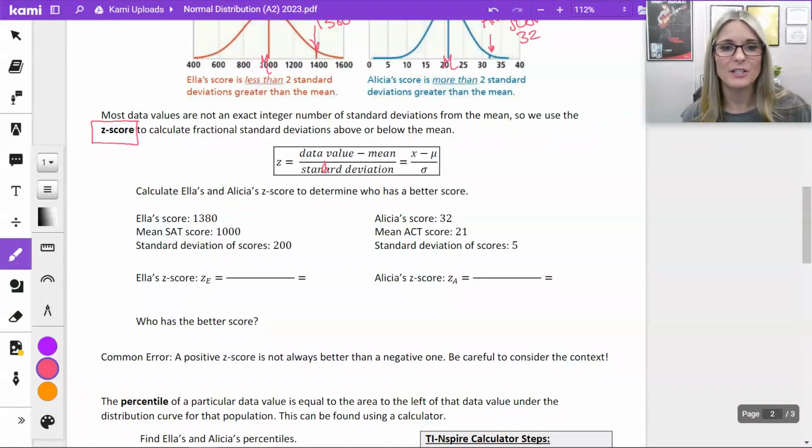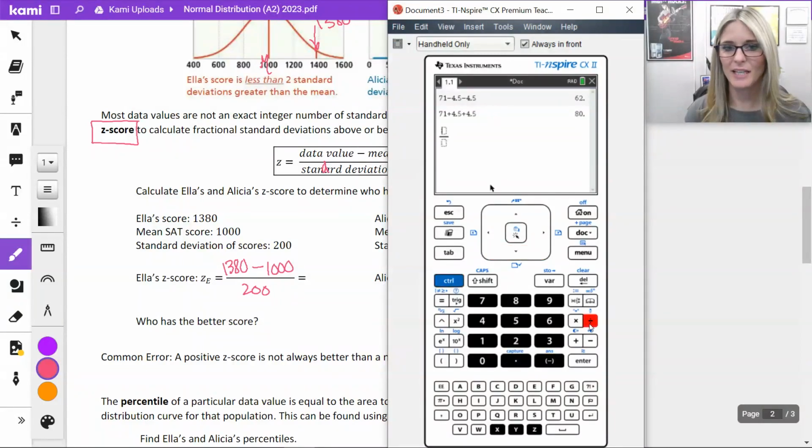We've got to do our data value, which was Ella's score, the 1380, minus the mean, I wrote it here, 1,000, all divided by the standard deviation, which was 200. All right, grabbing the calculator really quick, we're going to put this in: 1380 minus 1,000 over the 200, enter.